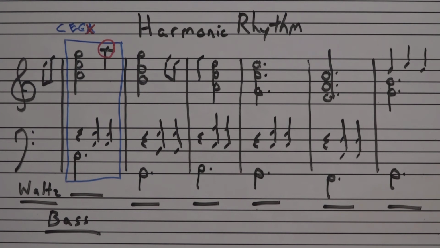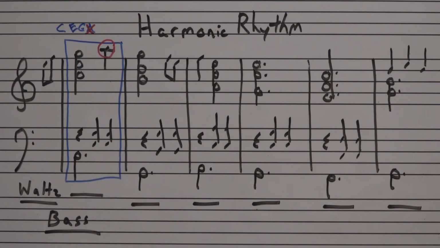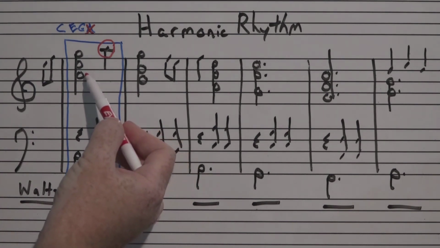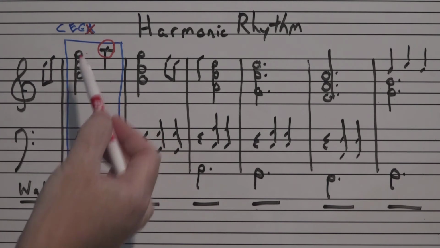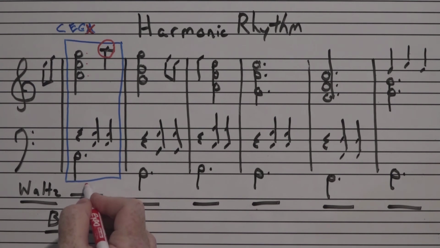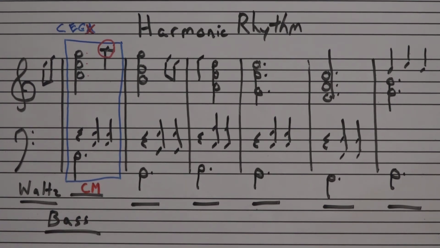So the three notes we should be analyzing for this measure are C, E, and G. So that's the triad we should be looking at. And we can clearly see it built by thirds. There it is, C, E, and G. We have a C major triad.